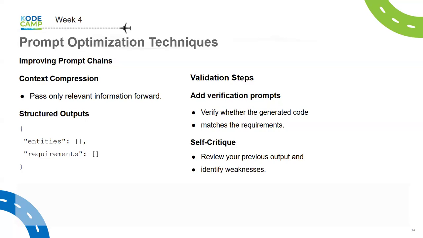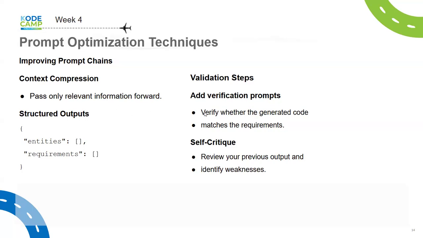You can hard code that. You can use a rule-based system to hard code that. You don't even need a language model to trim down. You only take what matters. So if it's only the requirements, for example, that you need for the next step, then for the next prompt in that chain, you only pass this in, because you have asked the previous prompt to give you structured data, right? And so on and so forth.